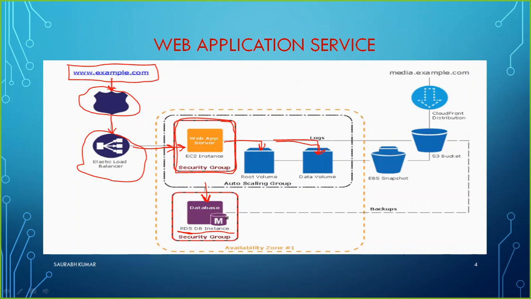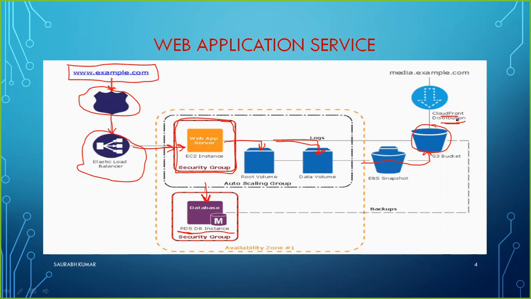Thereafter, if you talk about the snapshot of this EC2 instance, whenever we take a snapshot, it is going to be stored in the S3 bucket. You remember, by default, whenever we take a snapshot of any EC2 instance, it goes to the S3 bucket. Plus, we have also learned that an S3 bucket can be used with a CloudFront distribution, that is about CDN.